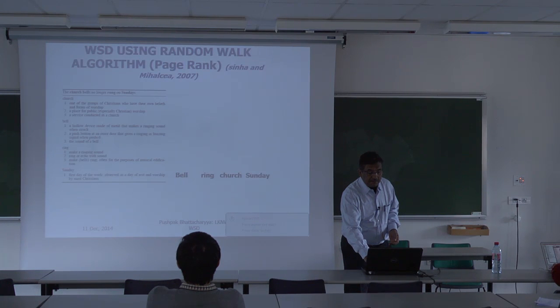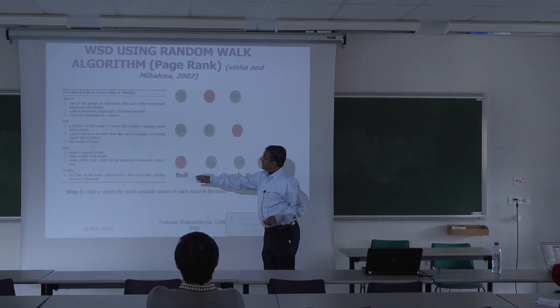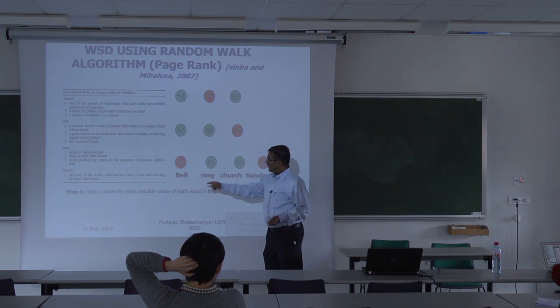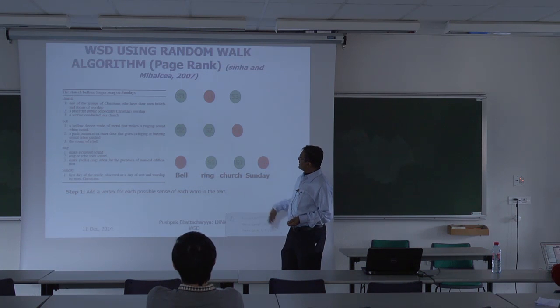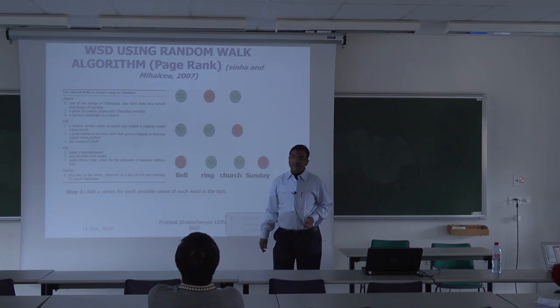A more recent work is using random walk based algorithm, is due to Sinha and Mihalcea. So, here if we have the sentence, "the church bells no longer rang on Sundays," then the content words are bell, ring, church and Sunday. Sunday has only one sense, but church has 3, ring has 3, bell has 3 senses.